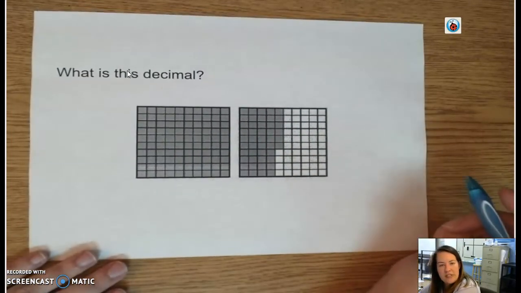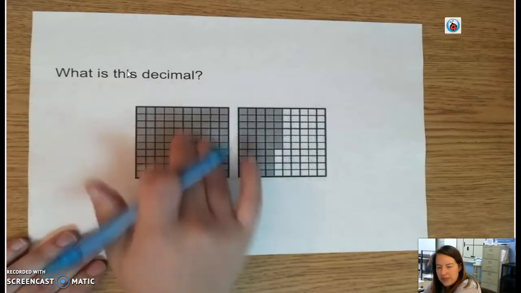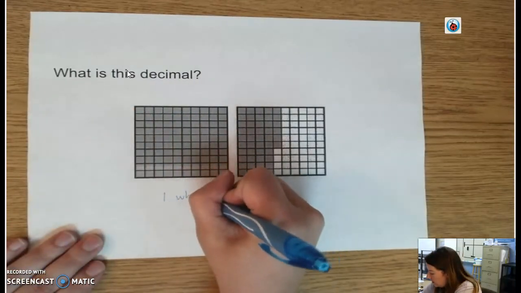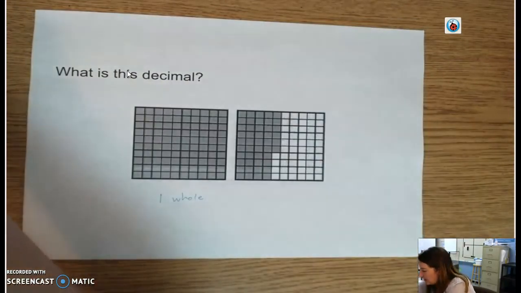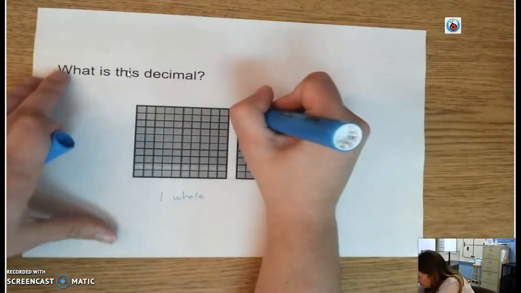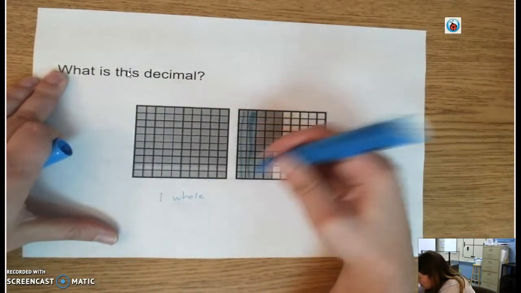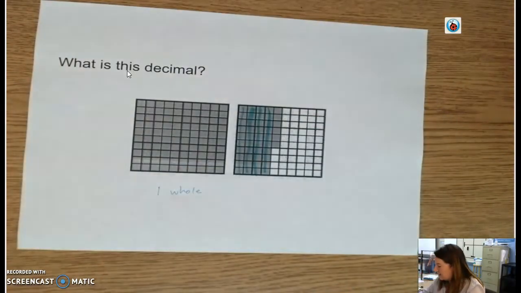So how many wholes did you have here? Well, I have one complete one filled in. So I know I have 1 whole. How many tenths do I have? Let's count them here, that's the rods. So there's 1/10, 2/10, 3/10, 4/10.